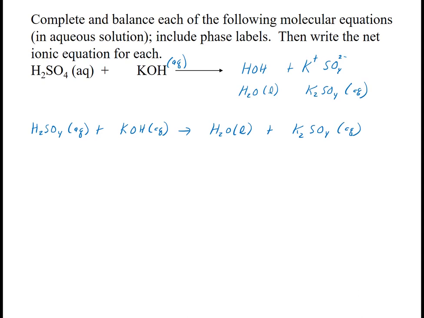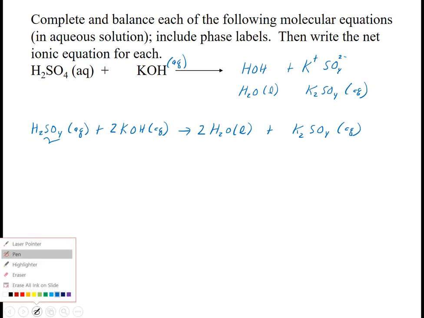I'm not going to start with hydrogens because I've got them in two different places. A hint here, when you're balancing, I can treat that SO4 as a whole thing. I've got one here and one there. Potassiums, I've got one here and I've got two there, so I put a 2 there. And now if I go back and look at my hydrogens, I've got 2 hydrogens plus 2 hydrogens is 4, so I need to put a 2 there. I'm not going to count this because I treated this as an entire entity.